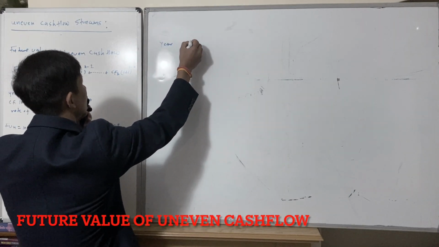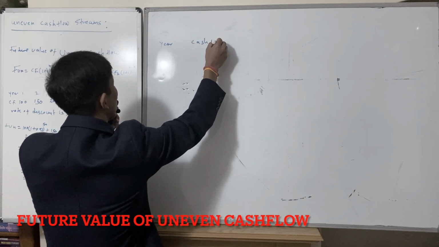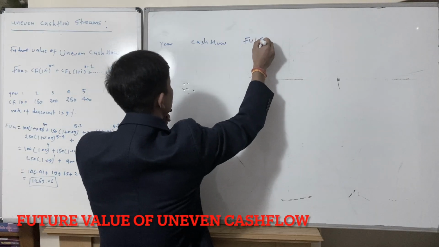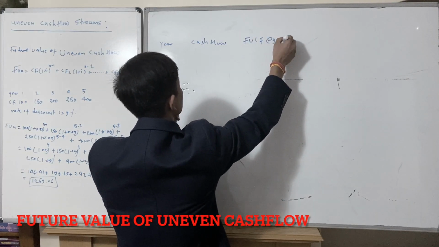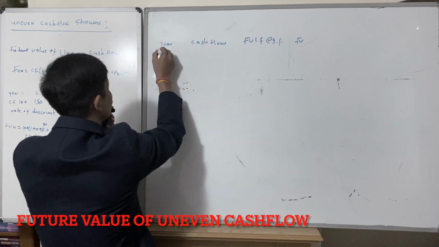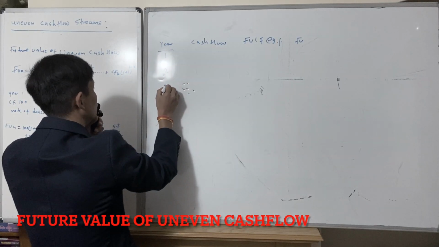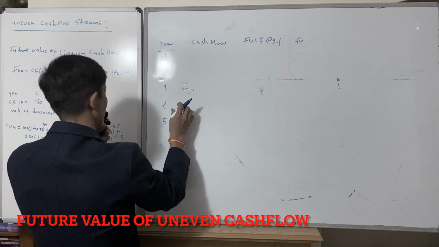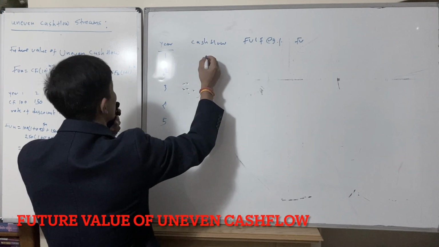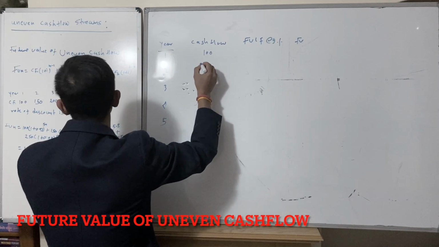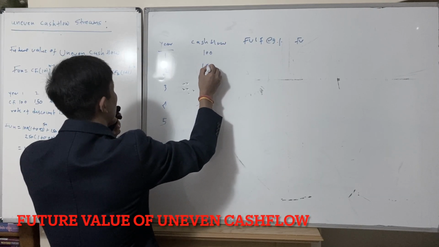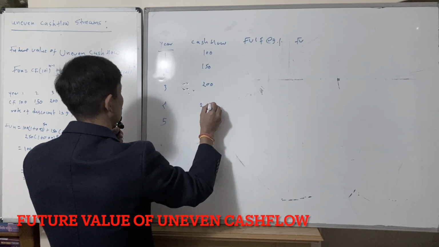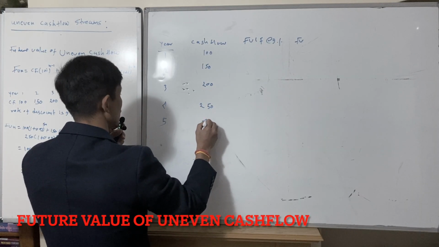So here, cash flow, future value interest factor at 9%, and future value, for years 1, 2, 3, 4, 5. The cash flows are 100, 150, 200, 250, and 400.